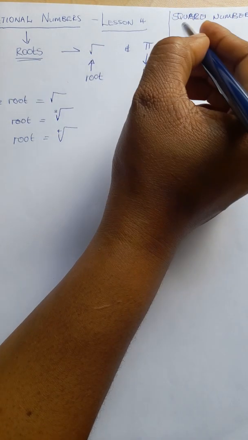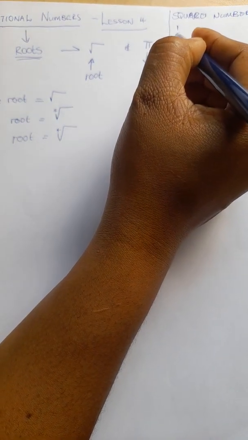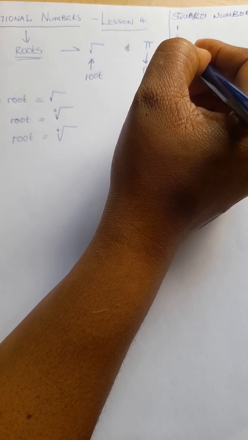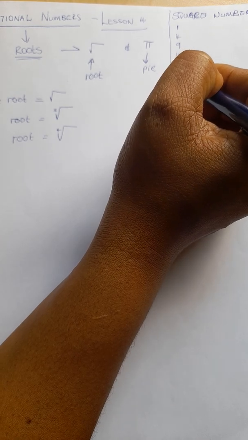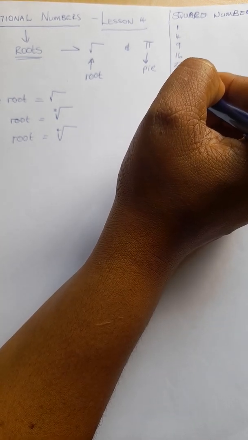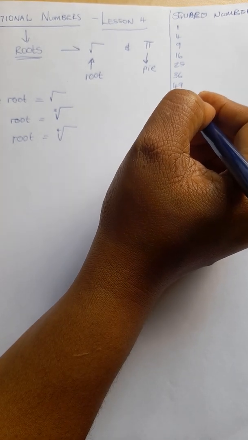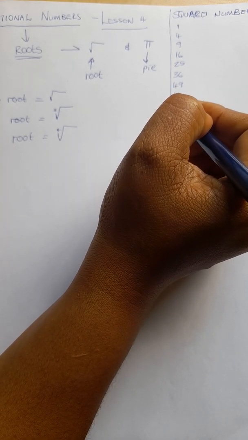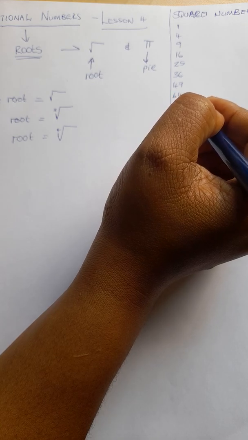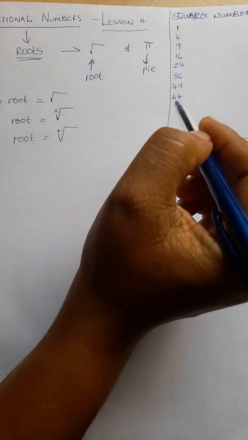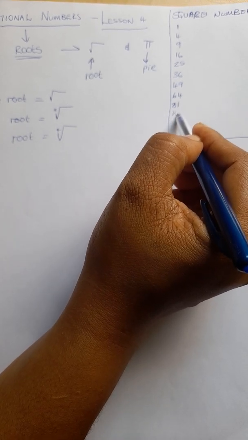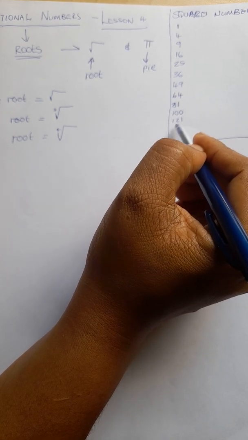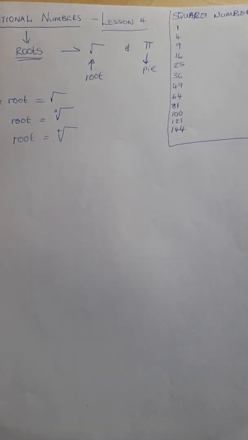Please, I said you need to know this. 1, 4, 9, 16, 25, 36, 49, 64, what follows after 64, I think, is 81. Yes, then it's 100, 121, 144.